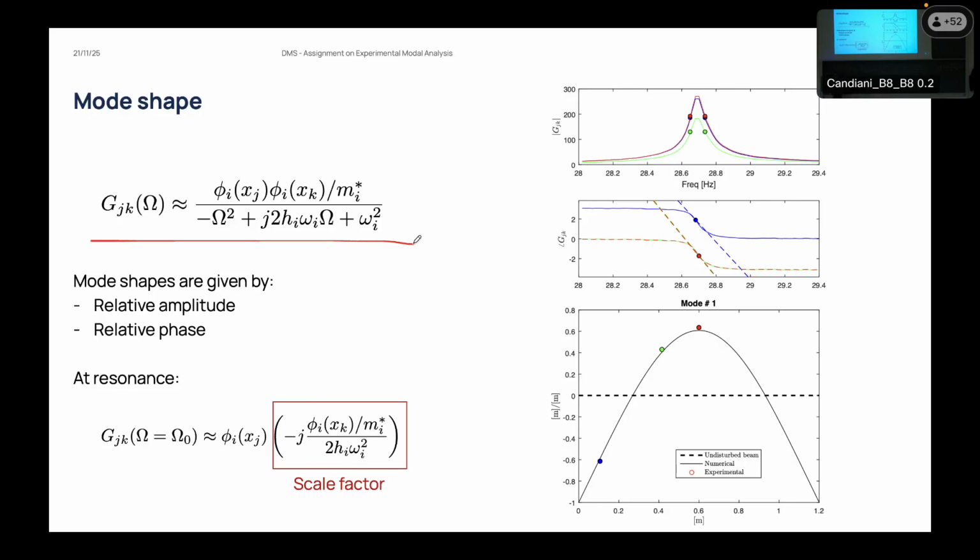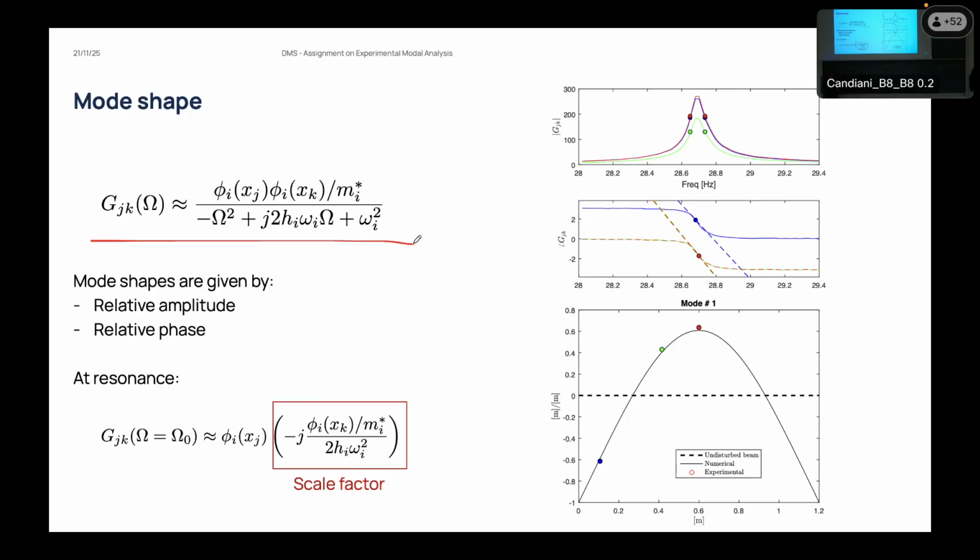If we wanted to estimate the mode shape, what we wanted to do is to estimate exactly this part. So what we can do is to extract the imaginary part of the frequency response function computed in the resonance condition, and you will get the product of those two terms.